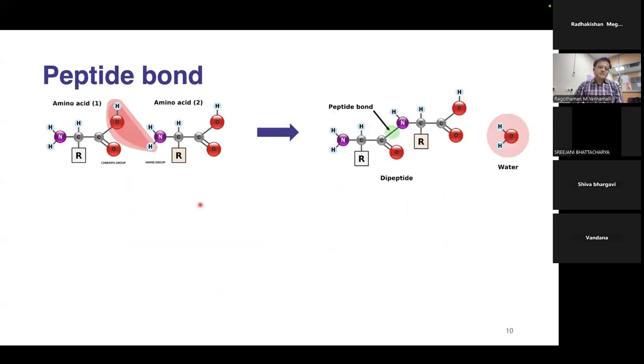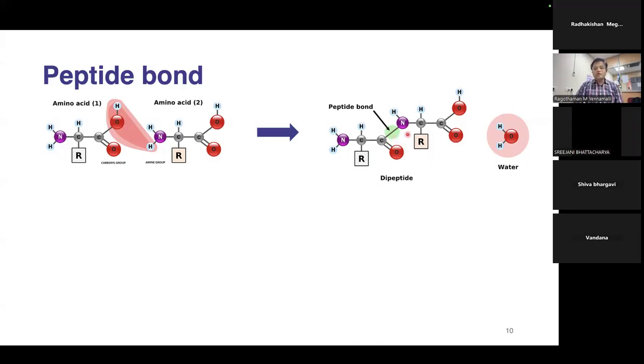When it comes to the biophysics of proteins, you have to remember that when two amino acids come together, they form a peptide bond. This peptide bond is an extremely stable bond, much stronger than a double bond, and it releases one water molecule because this hydrogen and this OH group are removed to make the peptide bond.